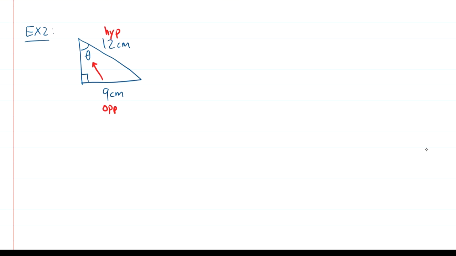So remember SOHCAHTOA. Which ratio has the hypotenuse and opposite? This time it is the sine. So starting with the ratio, sine theta is opposite over hypotenuse.